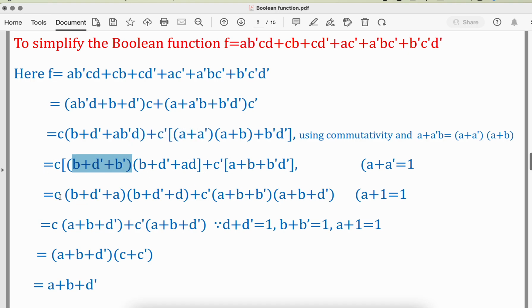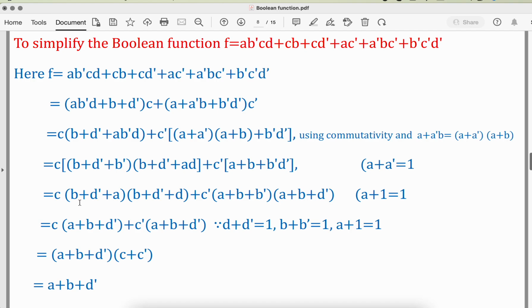So we are left with c into (b + d') into ad, and I have again used this property here: (b + d') into a and (b + d') into d. So here we have c into (b + d')a, (b + d')d.